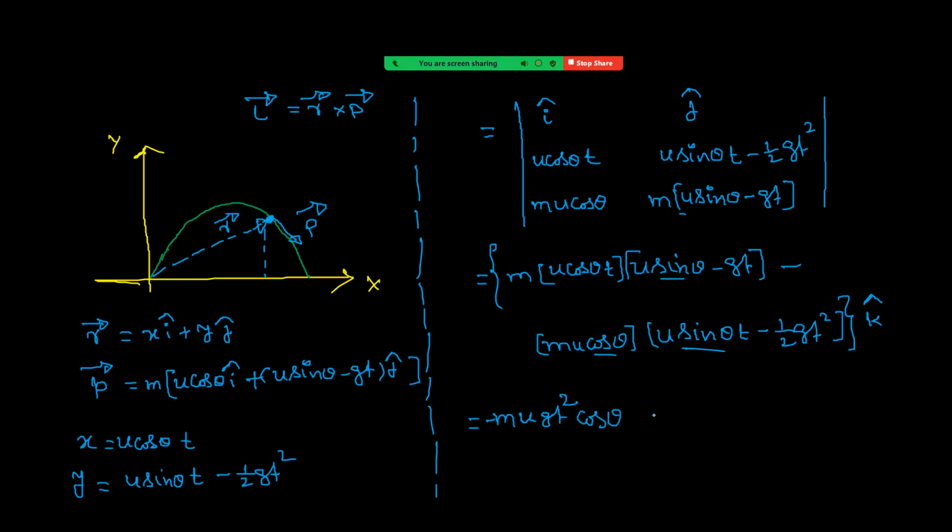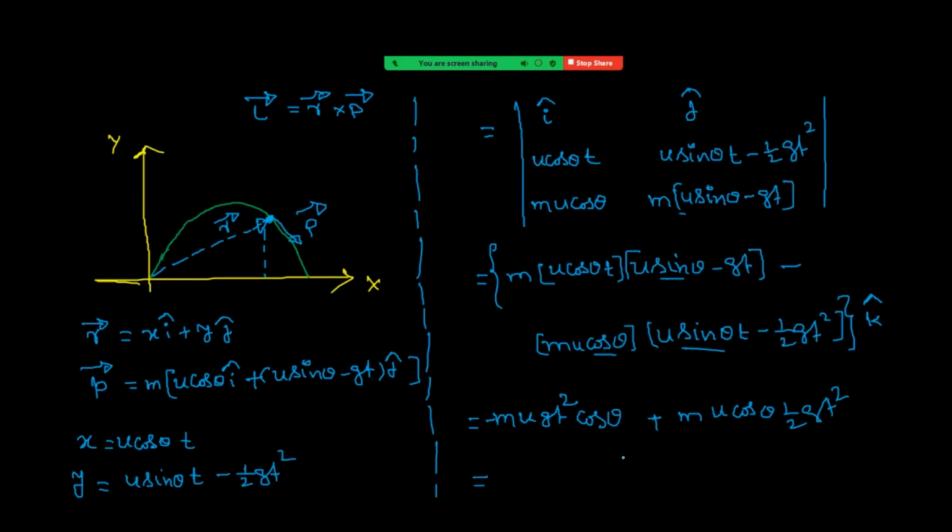Next, see what is left. Minus of minus is plus, plus m u cos theta half g t square. The direction for i cap cross j cap is k cap.